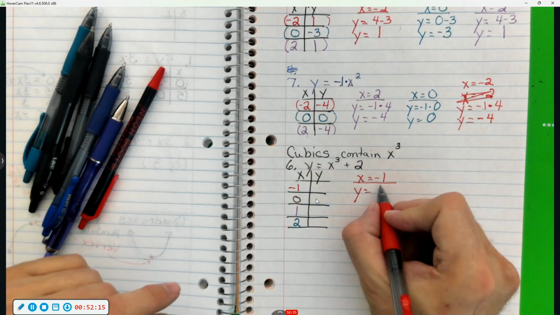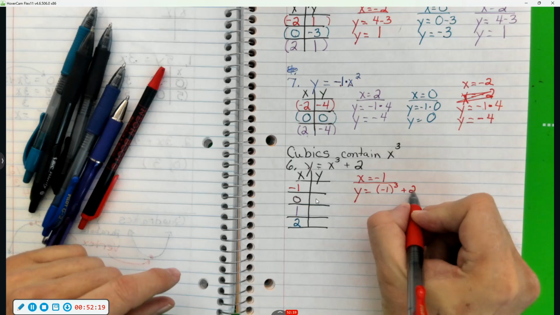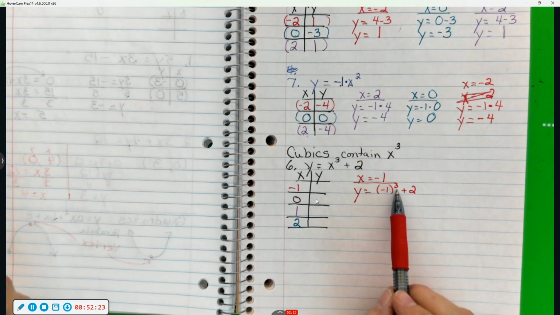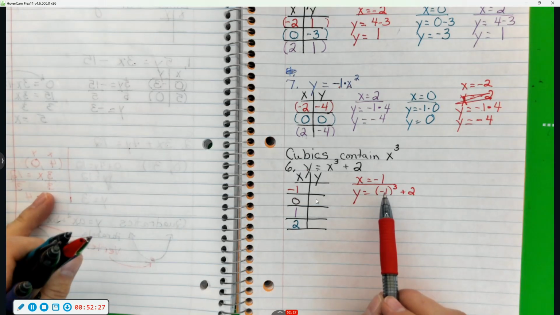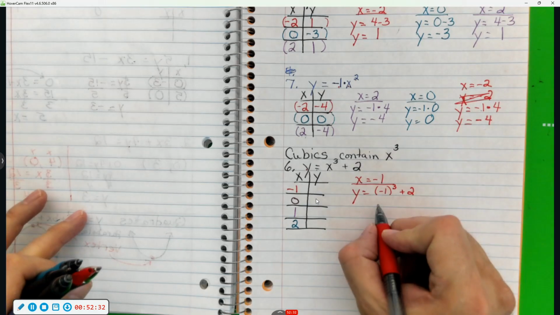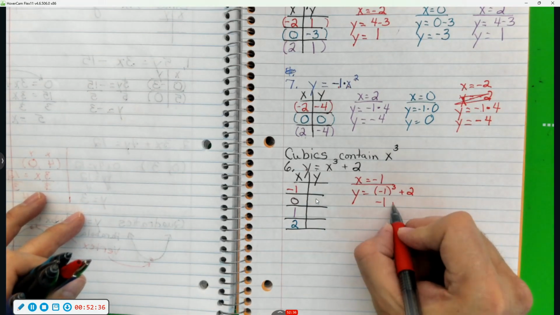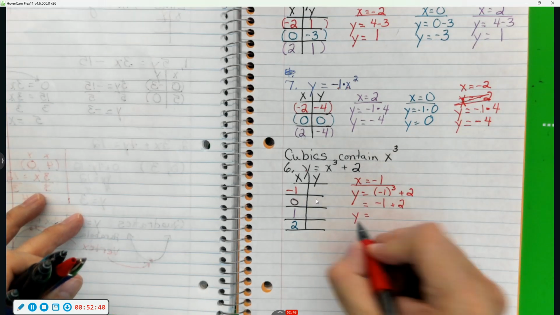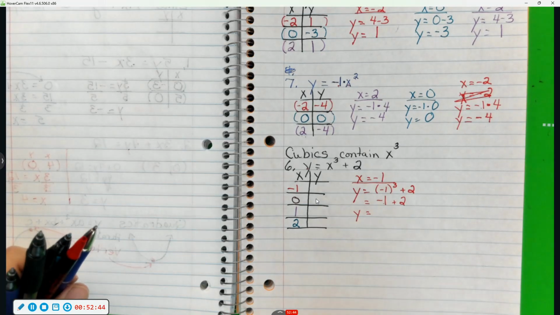You know what? I'm going to write this out like that. Y equals -1 cubed plus 2. -1 times -1 is +1 times another -1 would be -1. Then plus 2, what are we getting y equals there? -1 plus 2.